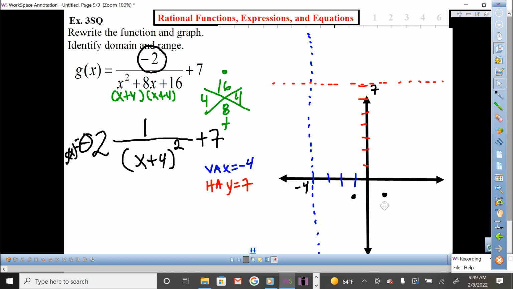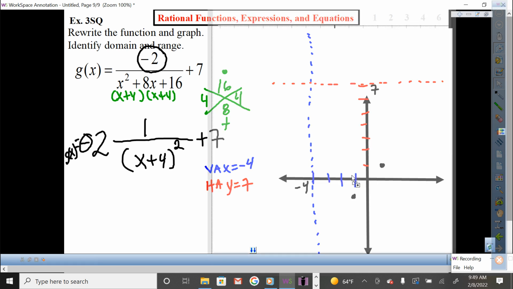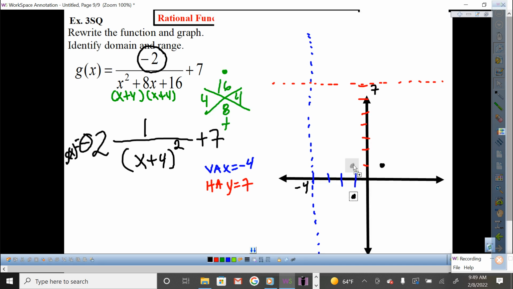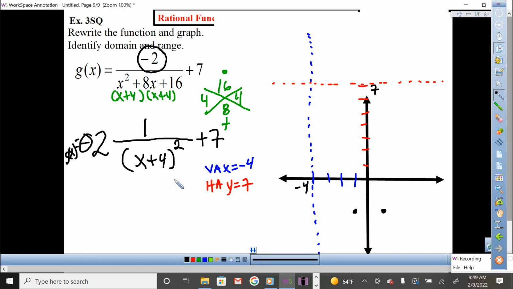Oh, yeah, wait. Before that, my bad. Yes, it's going to flip it, but before that, what does this 2 do to them? Moves them up to that point, which means it's going to be down here at -2 and -2, yes? Now we move them what? 4 to the left and 7 up.